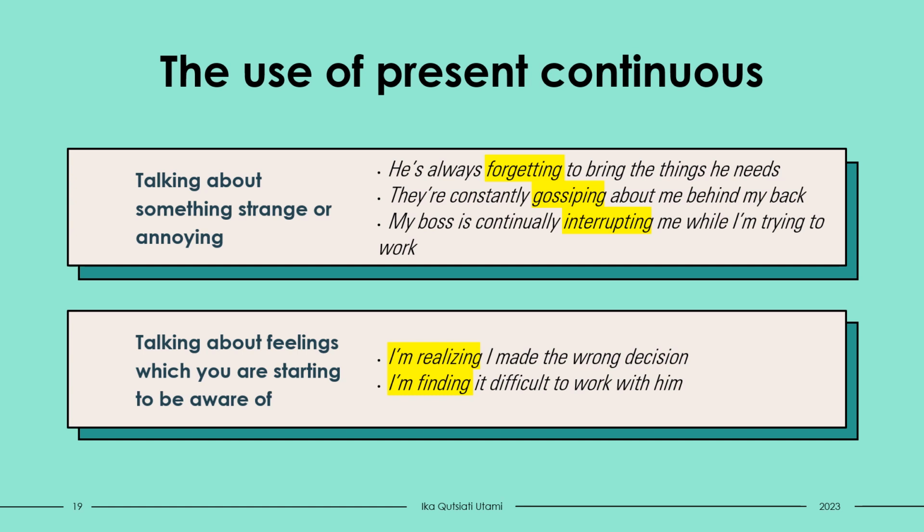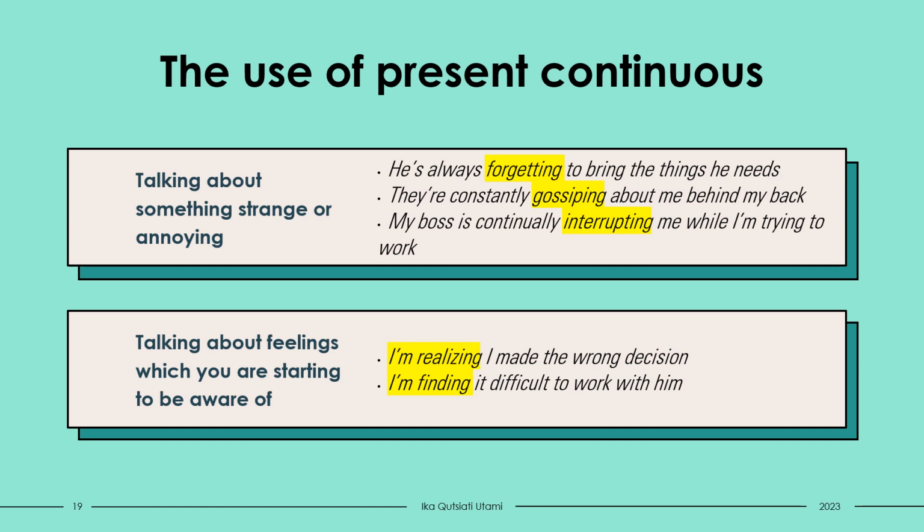So you must use an adverb in these sentences. You cannot say he is forgetting to bring the things he needs. To give it the meaning of something which you find strange or annoying, you need an adverb. Always is the most common adverb to use in these cases.